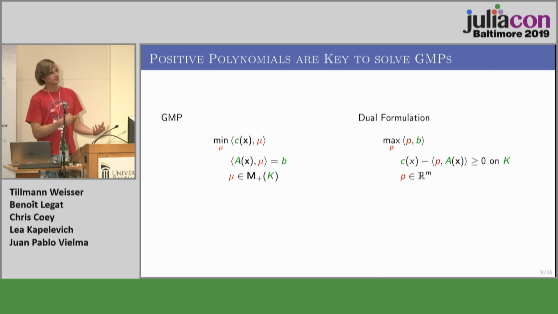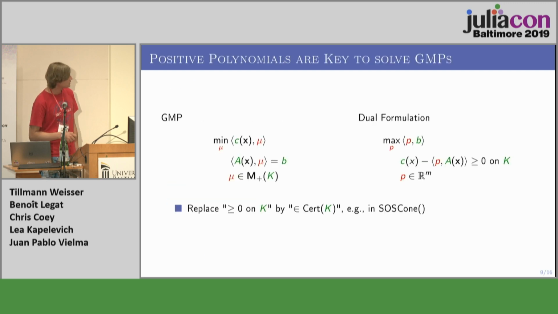So now after having heard the talk of Benoît, it's not surprising what I'm going to do. I'm going to replace this greater or equal than 0 on K by belonging to some certificate set, which is a subset of polynomials. And what you can think of here is just being a sum of squares, right?